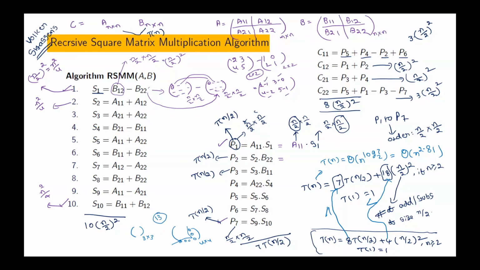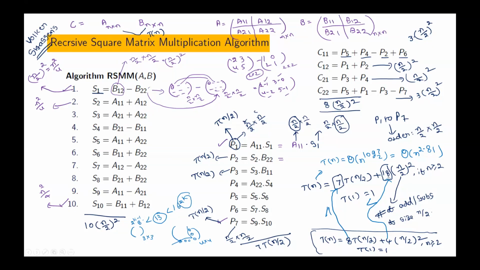Given two matrices of order 13, 3 rows and 3 columns, because it is between 8 and 16, that means 2 power k minus 1 and 2 power k. So we will make it size 2 power k by adding a sufficient number of 0 rows and 0 columns. That's all.